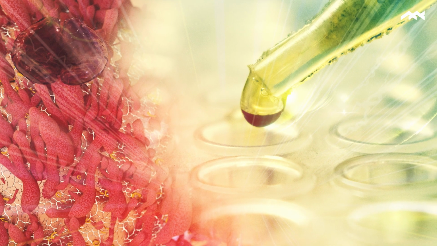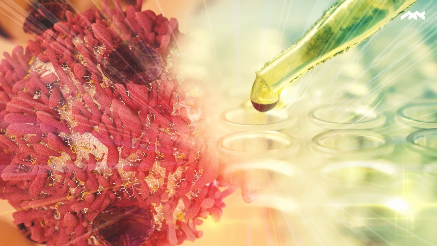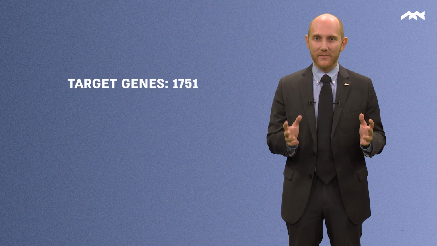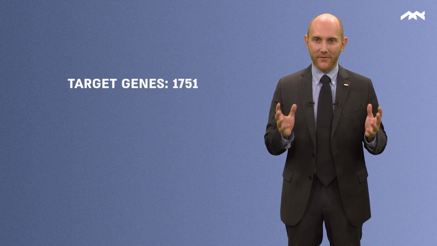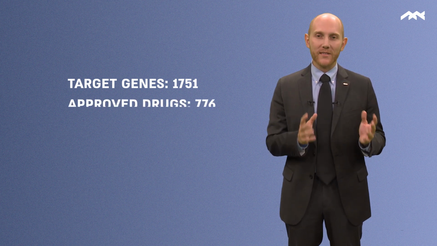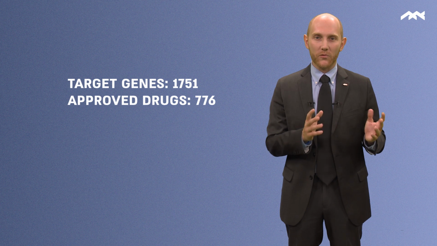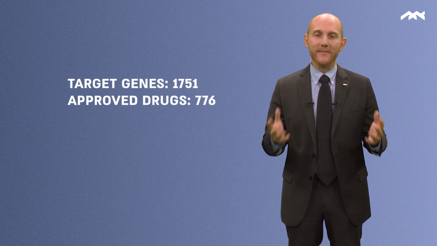Research has connected tumors to variations in genes, and several drugs have recently been designed to target these gene variations. The IMPACT website, developed by a group from Colorado, hosts 1,751 target genes and variations that have been linked to 776 approved drugs to streamline personalized treatments.